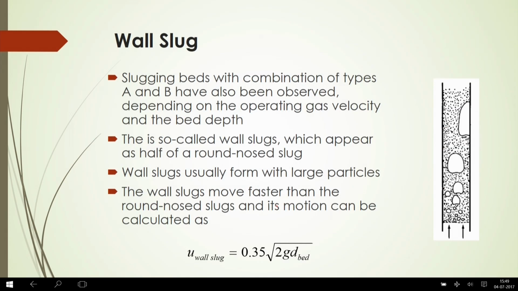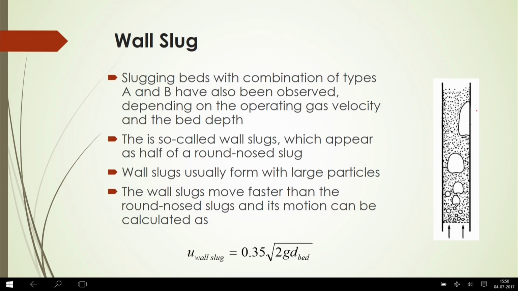Whereas wall slug, in this case you will see slugging beds with a combination of types A and B have also been observed. So, depending on the operating gas velocity and the bed depth, this type of phenomenon will be observed. This is the so-called wall slug, which appears as half of a round nose slug occupying the whole cross section of the bed.